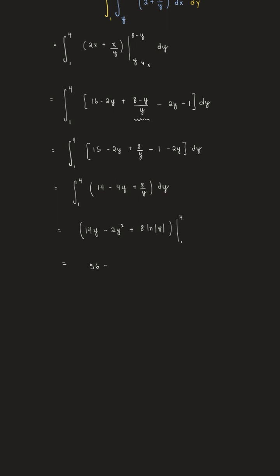Then minus 16 times 2 is 32, plus 8 natural log of 4. Don't need the absolute value because 4 is already positive. And then minus what we get when we put in a 1, so minus 14 plus 2 minus 8 natural log of 1, and that's 0. All right, so my constant is going to be 12 plus 8 natural log of 4, and there is our answer.